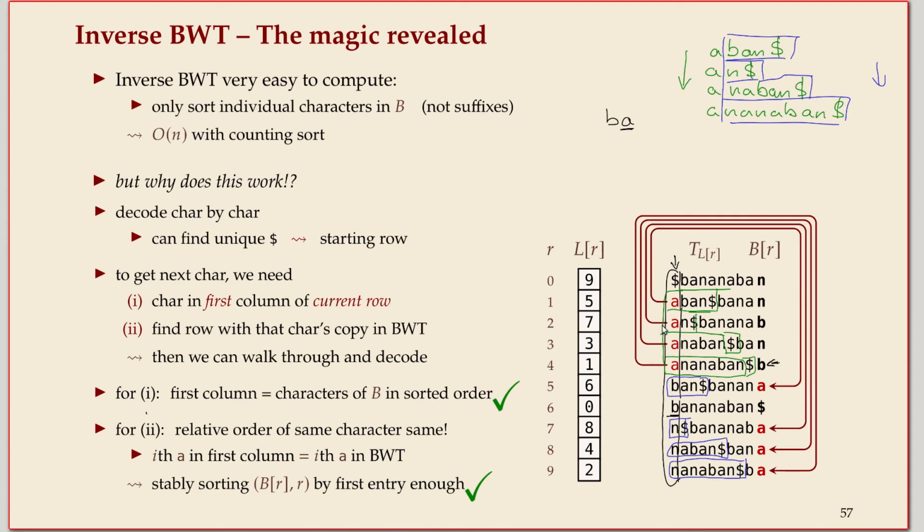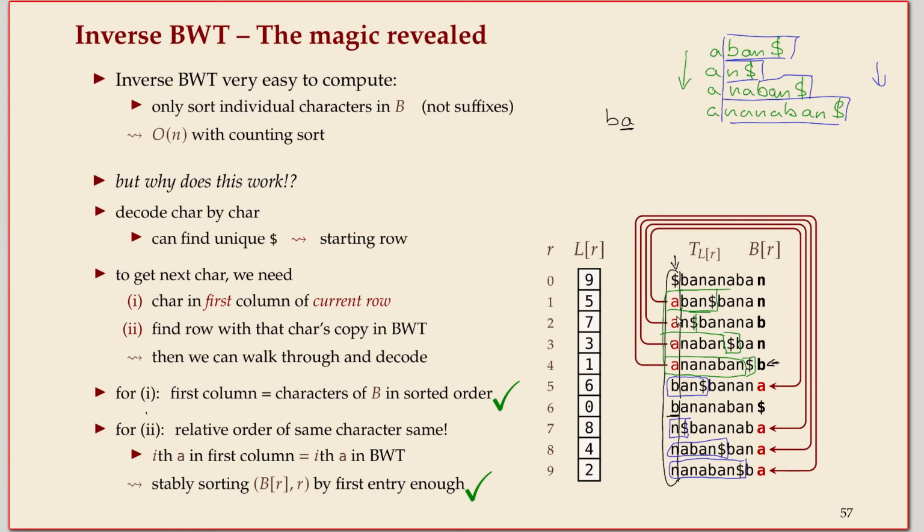So that means if I have the row where I have a character in the first column, I can find the corresponding column in the BWT by going to the appropriate character in the BWT.